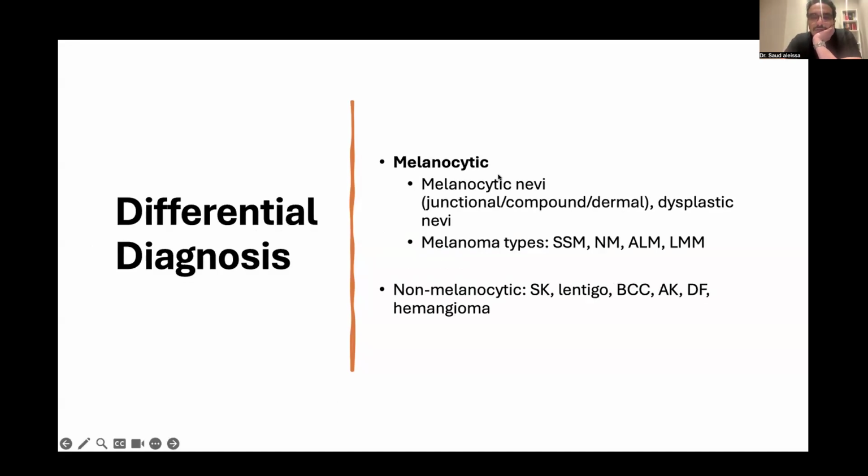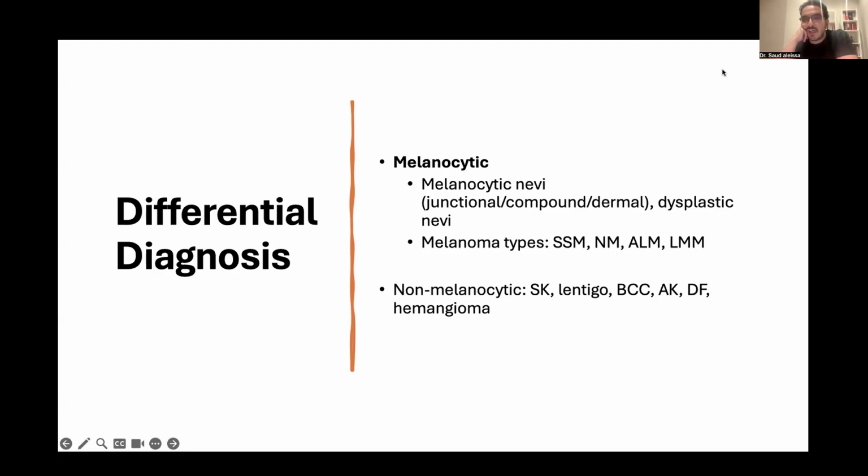So what could it be if someone shows you a pigmented lesion? It could be something benign, melanocytic nevi, whether junctional, compound, dermal. It could be in between. So it could be dysplastic, meaning it's neither completely normal or completely malignant. And a lot of histopathologists will stratify the degree of dysplasia.